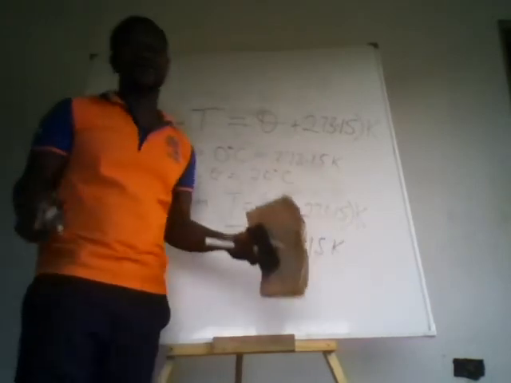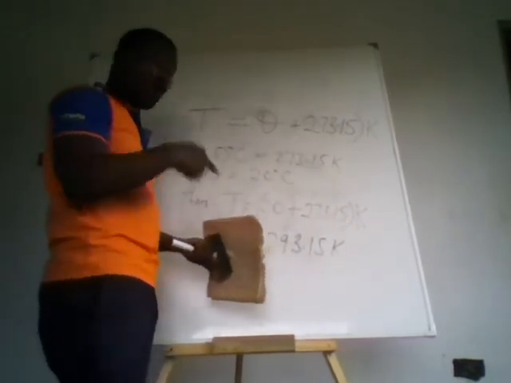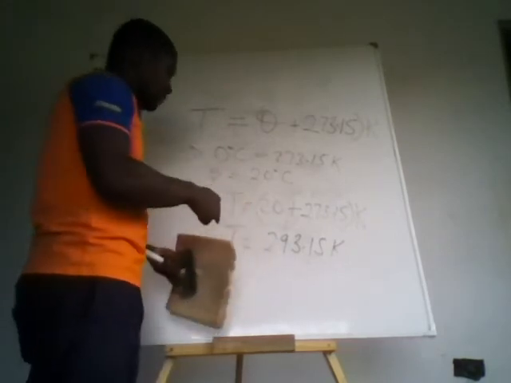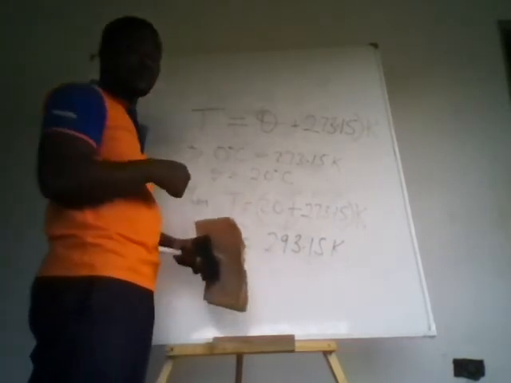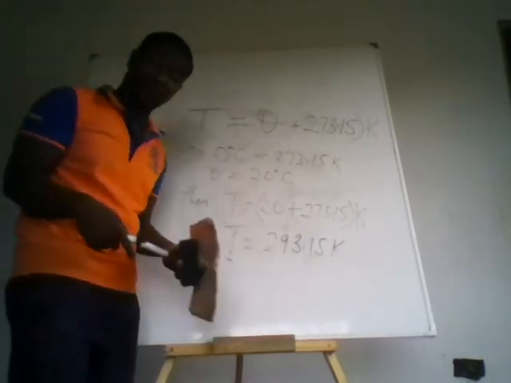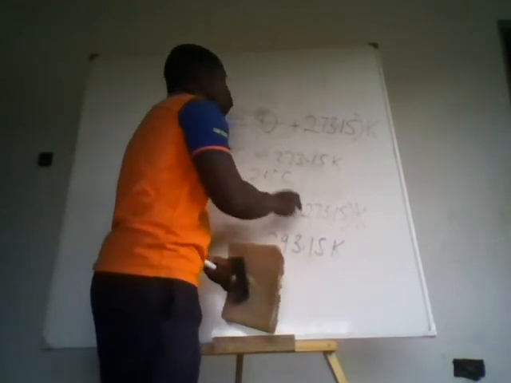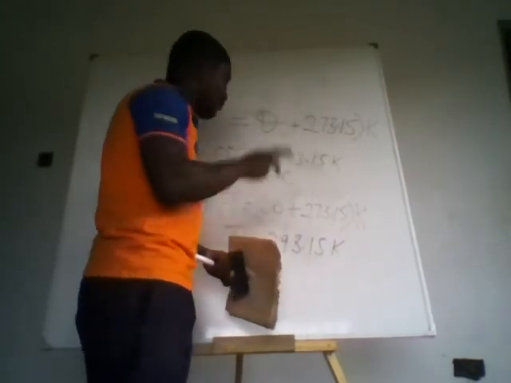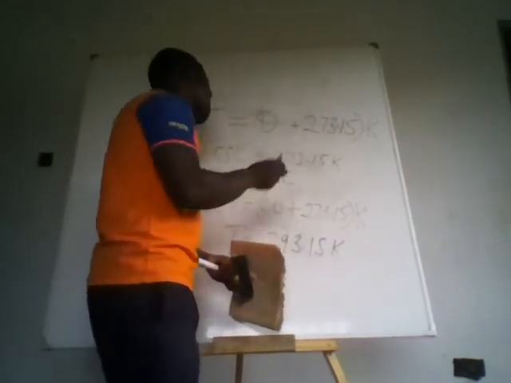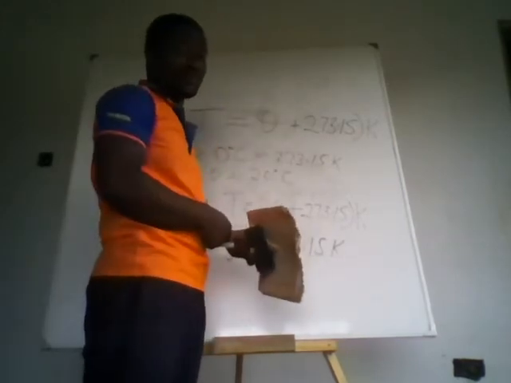And thus you will agree with me that if you have to change this from the Kelvin scale into degrees Celsius, what then do we have to do? We will need to subtract 273.15 from this in order to give us back degrees Celsius.